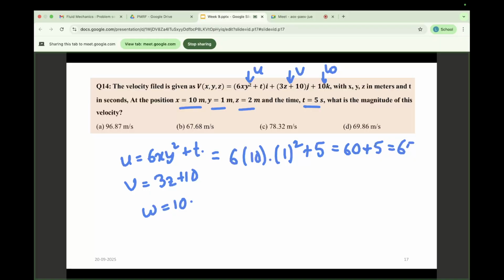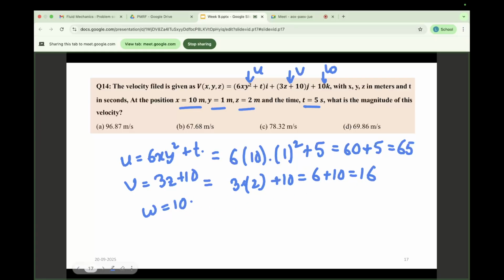So I got the corresponding value of u. Similarly, I can find this value of v. Here this z is 2, plus 10, so the corresponding value is 16, and w is 10.